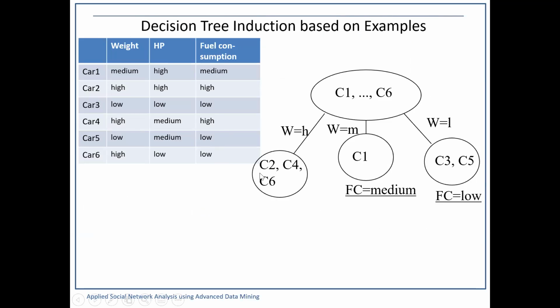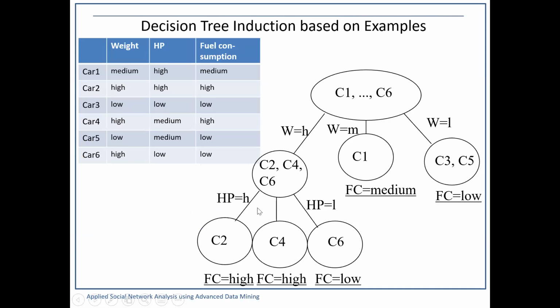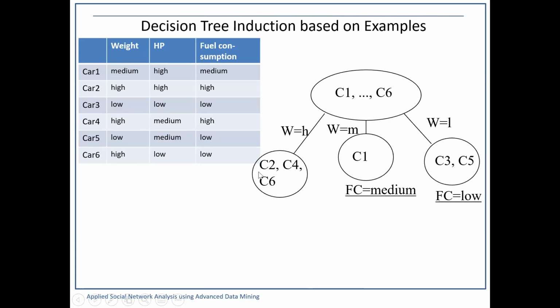And here, entropy is not equal to 0, because we have high and low fuel consumption here. So we are maybe somewhere here, 1/3, that's the entropy we have. It's a positive entropy. In this node, we still have some mixture of fuel consumption high and low. So the information provided by this node is not 0.